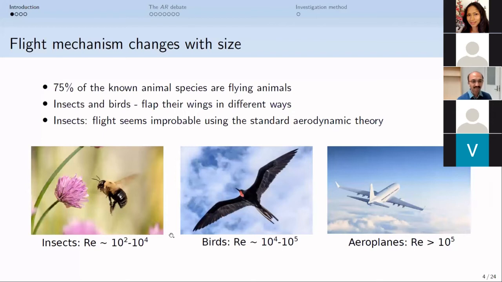Insects fly at lower Reynolds numbers and flap their wings at very high frequency. Birds fly at slightly intermediate Reynolds numbers where their flapping frequency is smaller. And then we all fly in aeroplanes at very high Reynolds numbers with fixed wings. So depending on the Reynolds number, the flying mechanism changes.